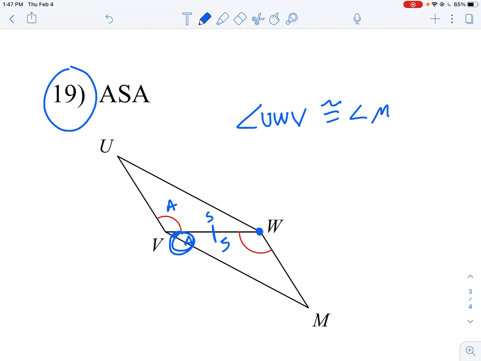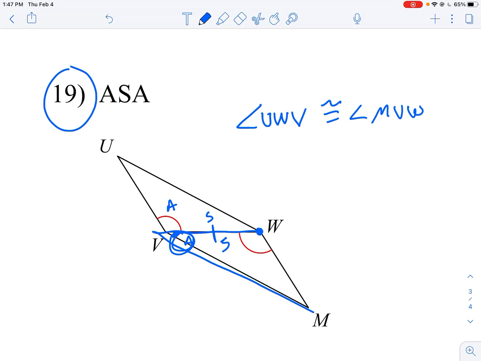If you did M, V, W, that's great. If you did W, V, M, that's also right. You can do either way, because if you do M, V, W, it draws the same angle as if you did W, V, M.